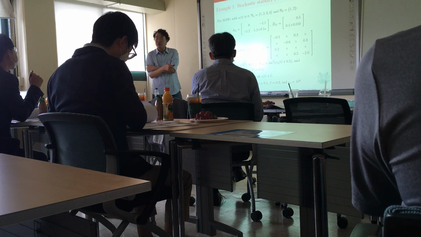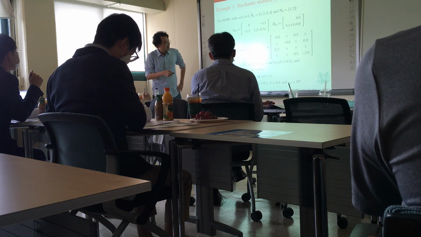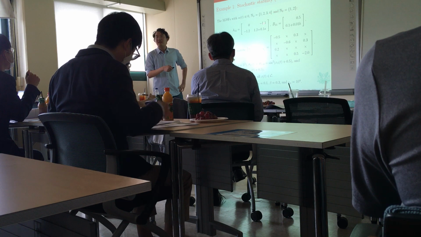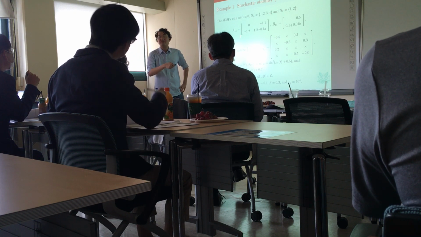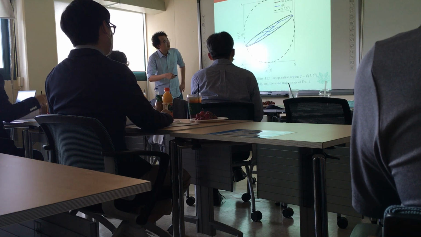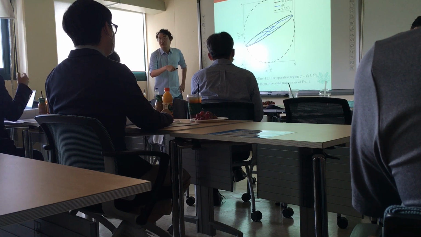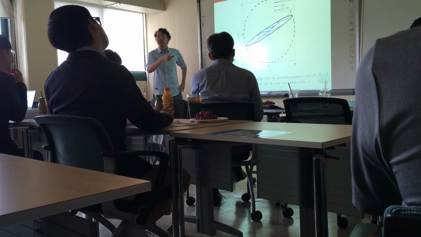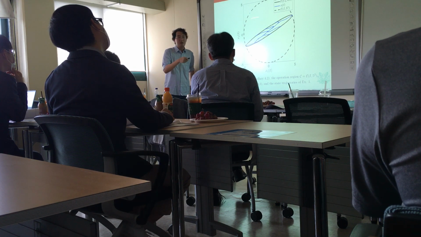Okay, thank you for the question. Because a two-dimensional system is very easy to describe the trajectory in the plane. In a three-dimensional system, the trajectory is not in the plane, it is in a 3D figure.